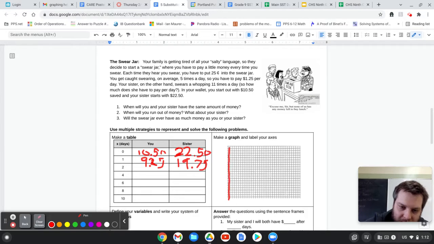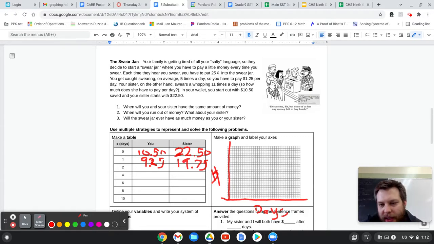So when you make your graph on this one, you have an X and Y axis, and your Y axis is going to stand for the amount of money that you have, and the X axis is going to stand for the time, the days. So at day zero, I am up at $10.50. This is going to be hard to do on the computer screen because of the accuracy, but I will be exactly at $10.50.